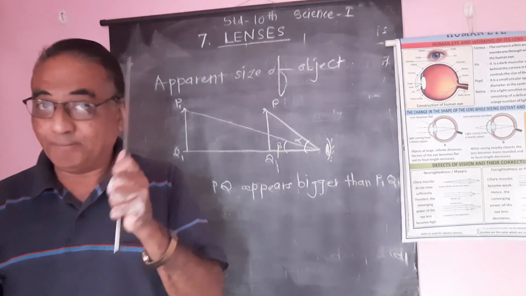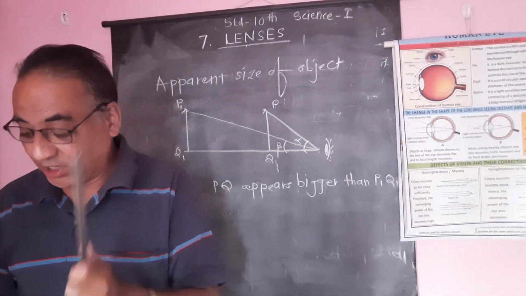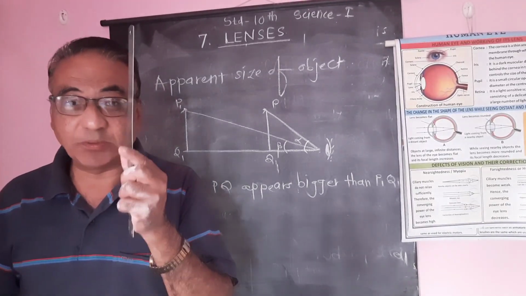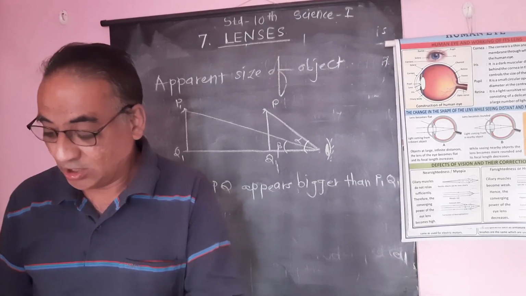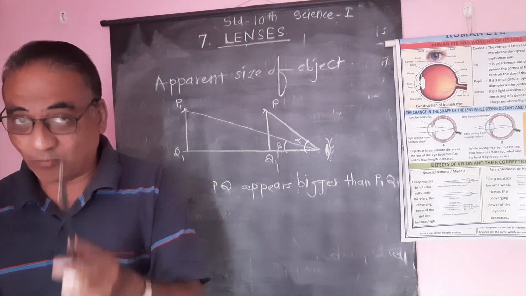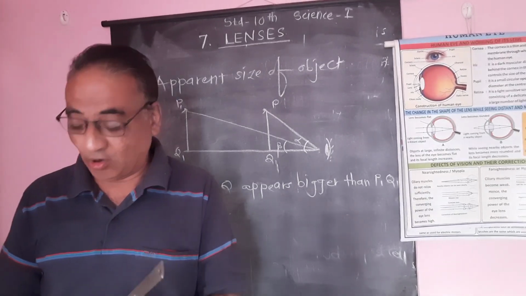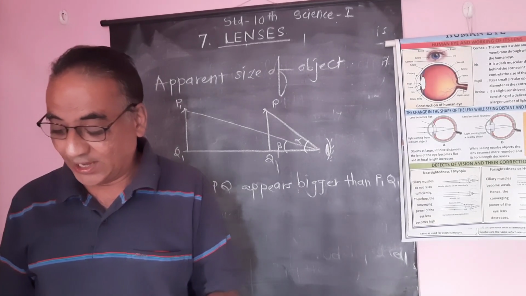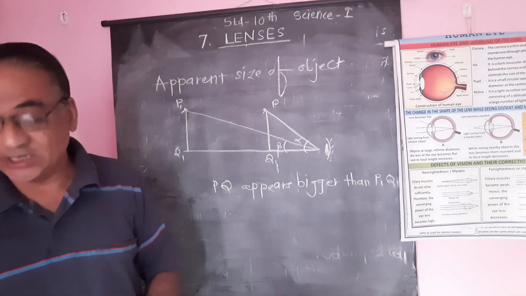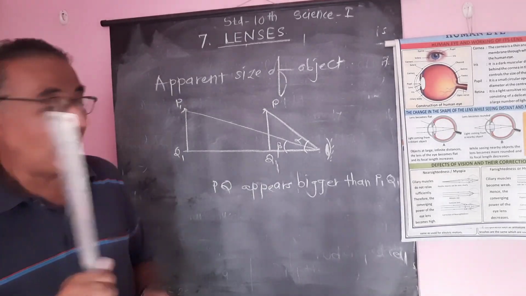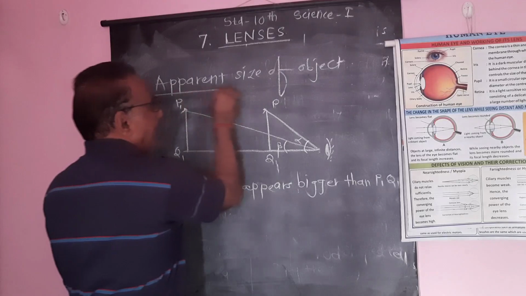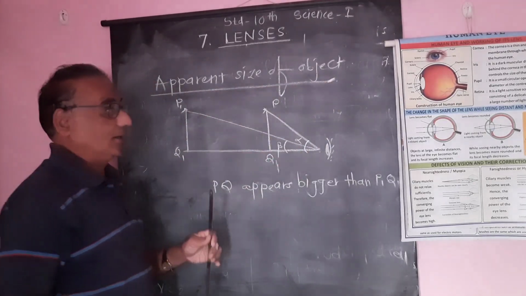Thus, the apparent size of an object depends on the angle subtended by the object at the eye. This is nothing but the apparent size of an object, right?